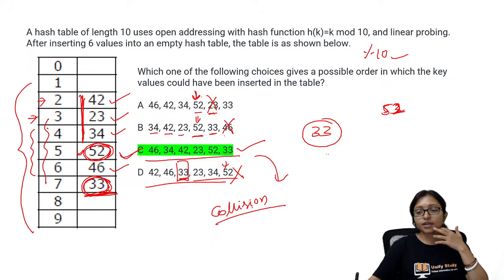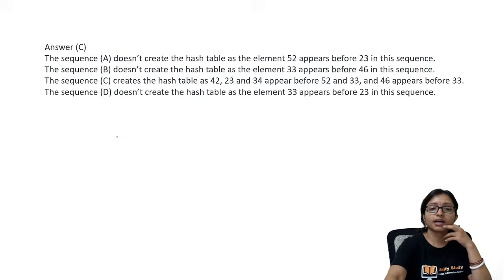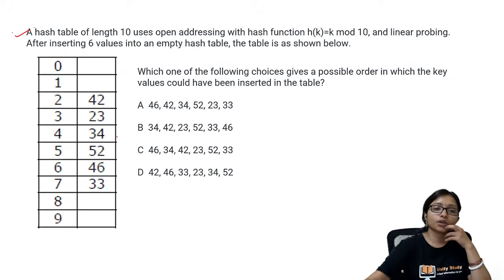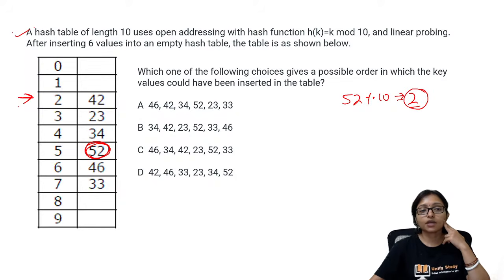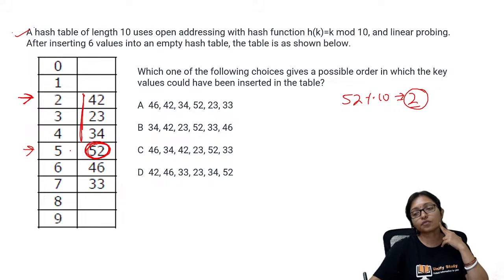You are not getting it. Once again see that, just check what is not in the correct place. 52 is not in the correct place. Normally 52 mod 10 should be in number 2, but it is not in number 2, it is here. It means it is very sure that when 52 came, before that 42, 23 and 34 came.